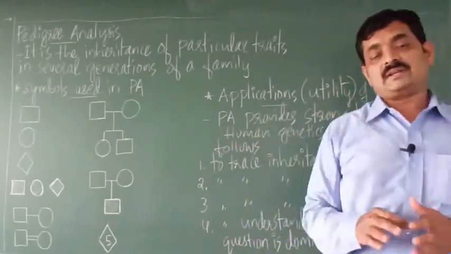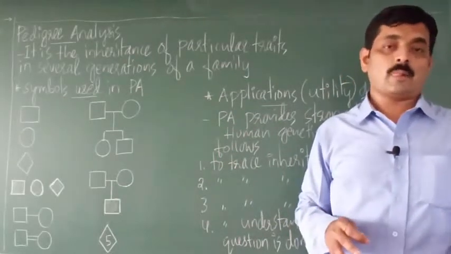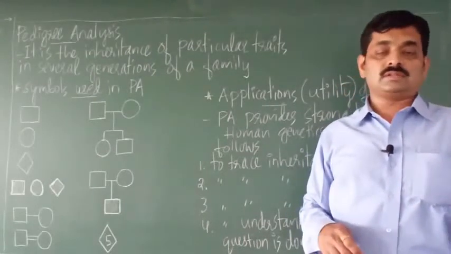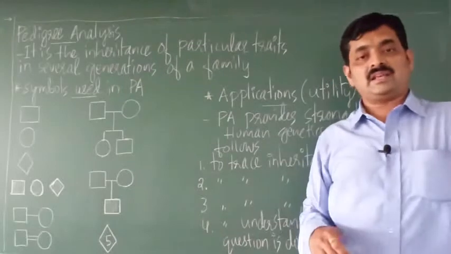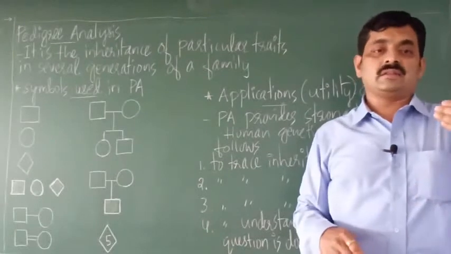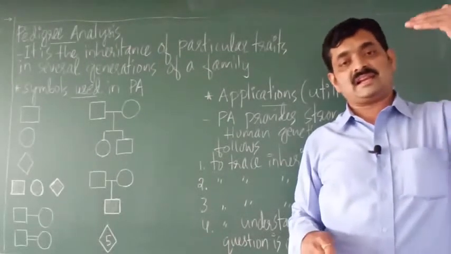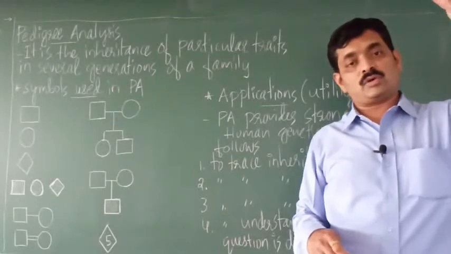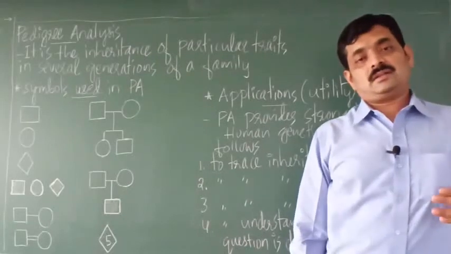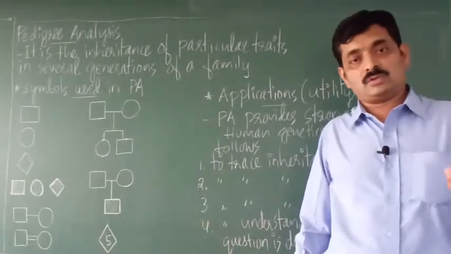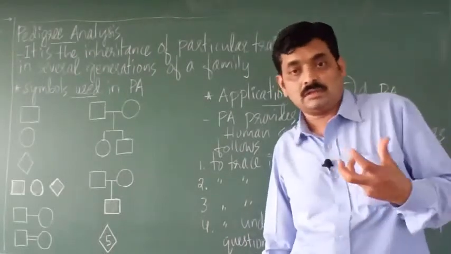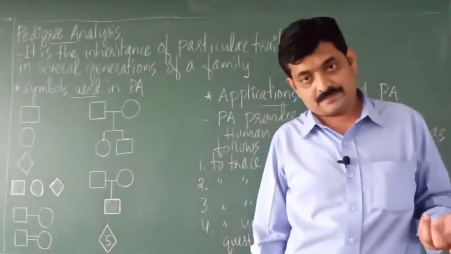When you are writing a pedigree or doing pedigree analysis, the older individuals come on the top, followed by the younger individuals. This is how a pedigree is written, where older individuals are placed at the top, followed by the younger generations. The pedigree gives you an idea about the family history or background with respect to certain traits or characters.